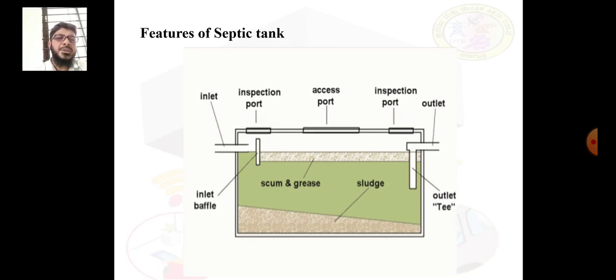In the sketch cross section you can see there is an inlet and outlet, and the level of outlet is lower than inlet. There is a baffle wall inside the septic tank, then inspection port, then access port, then again inspection port, and there is a formation of sludge, then top scum and grease will be floating.